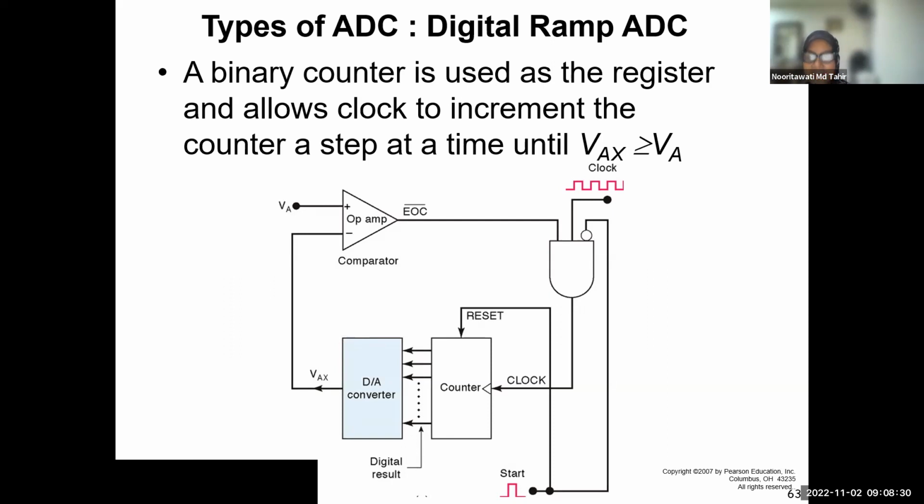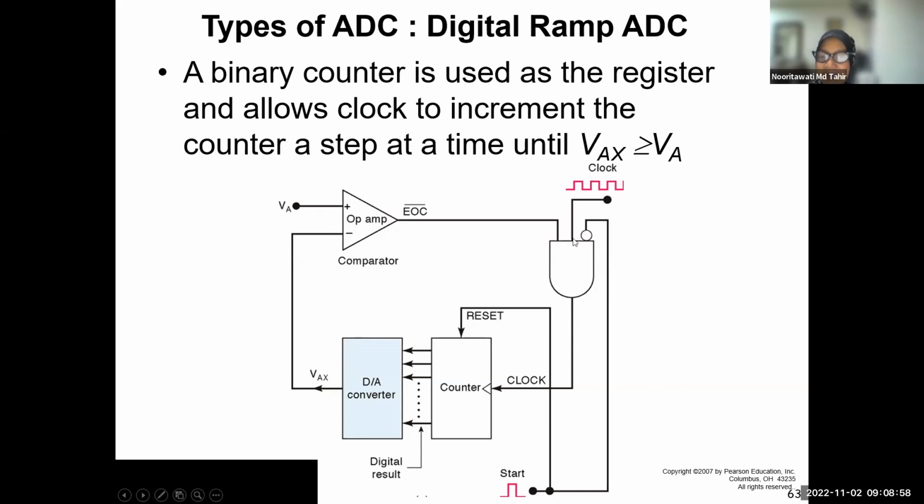And in the analog to digital converter ada juga digital circuit di dalamnya. Okay, so let's say the first thing adalah VA. Di sini kita menggunakan several components, which is we have counter, we have operational amplifier as comparator because it's going to compare the two values ya.